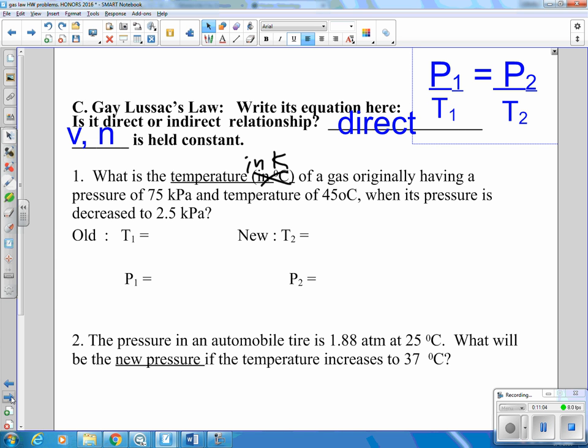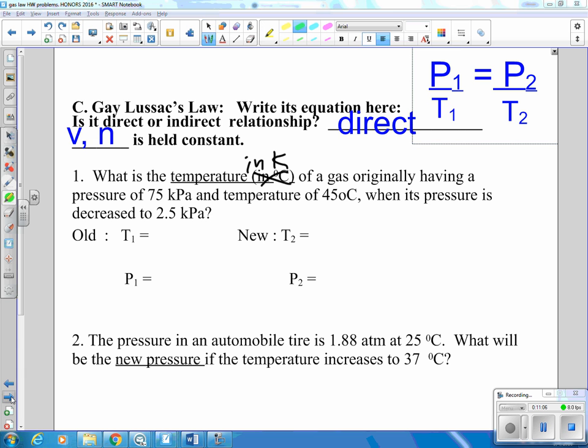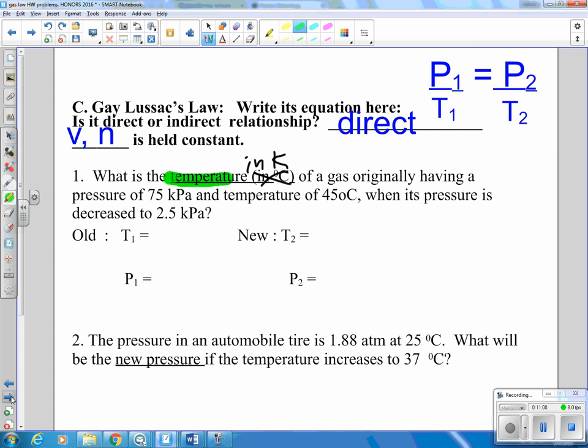On this first example, we are looking for a temperature, and we can go ahead and put it in Kelvin or keep it in Kelvin for the final answer. I'll probably list both in the key, but we have a pressure of 75 and a pressure of 25. You can see how the pressures are changing, and now we're trying to look at what happens to the temperature. So let's write these in.